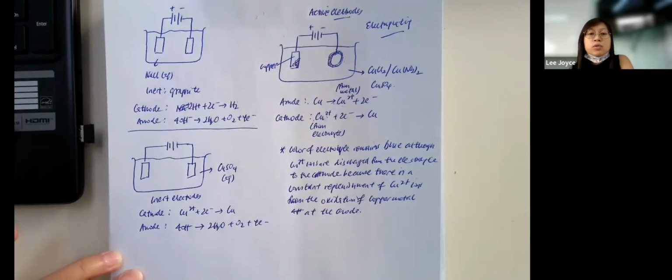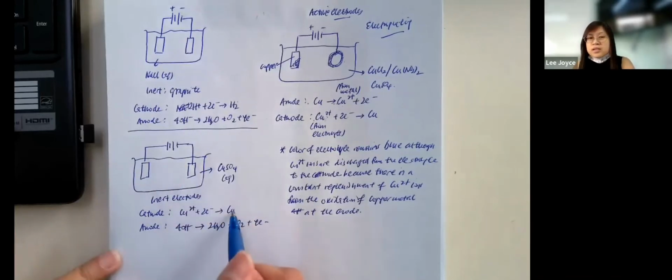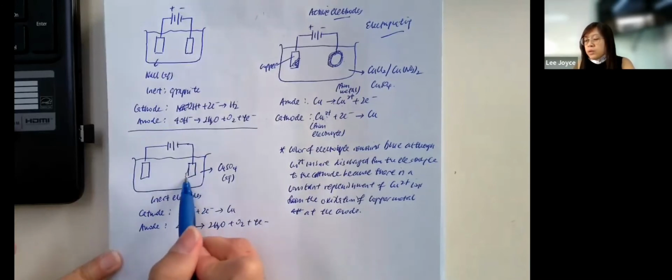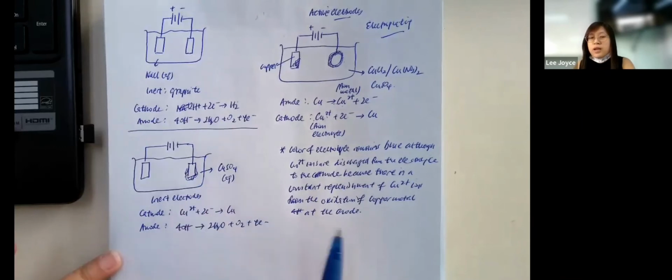The electrodes will not take part in the reaction immediately when the current is switched on. The electrodes will just be there as a terminal to collect the products. At the cathode, because of the production of the copper metal, this copper metal will get coated on the surface of the cathode as reddish brown solid.